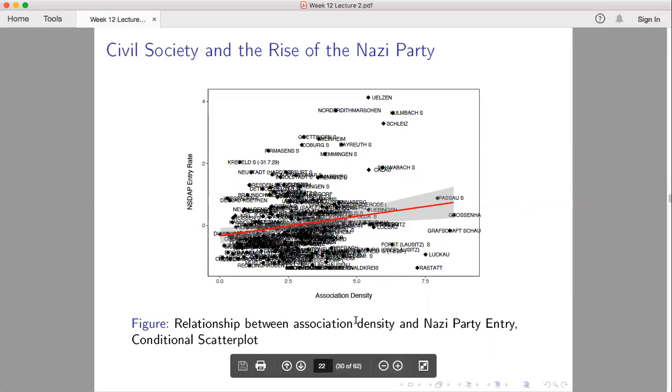Even when we control for things that we might think would affect the entry rate, or when we control for these outliers, we still see the same relationship, that there is a positive relationship between how dense associational life was in Germany in any given town, and how easily the Nazi Party was able to infiltrate and gain members within that specific town.